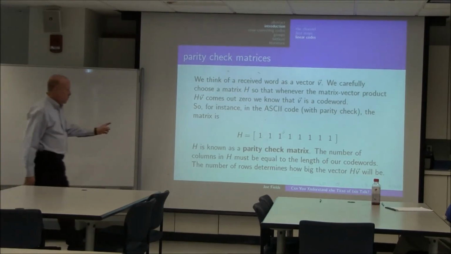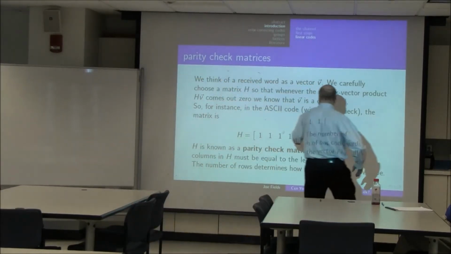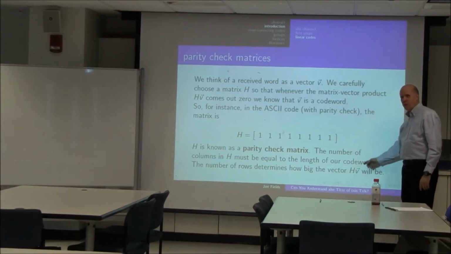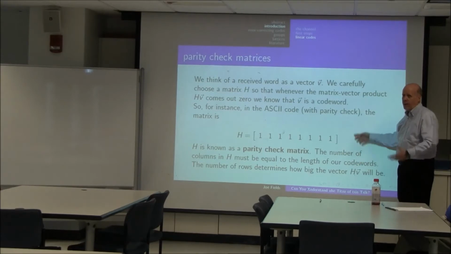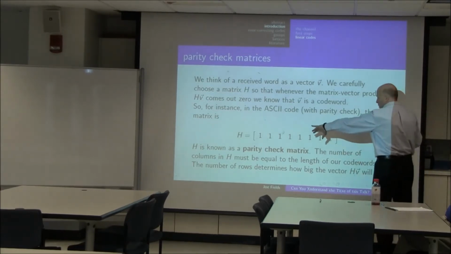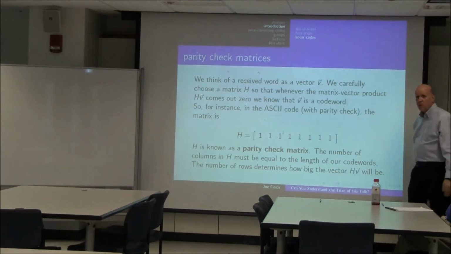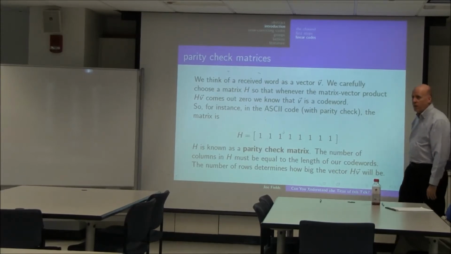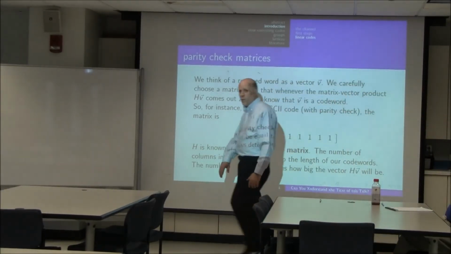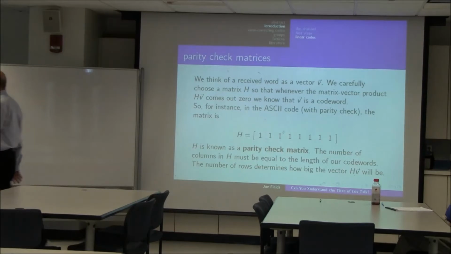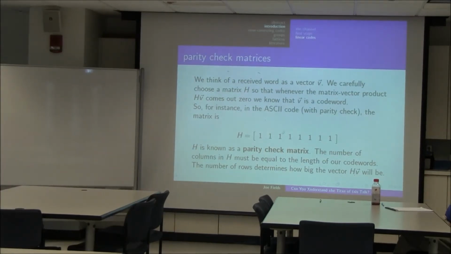If you multiply that matrix of 8 ones with a column vector that has 8 bits in it, the dot product counts how many ones are in there. And it's all done mod 2, since we're working with binary. So it's 0 if there's an even number of ones and 1 if not.